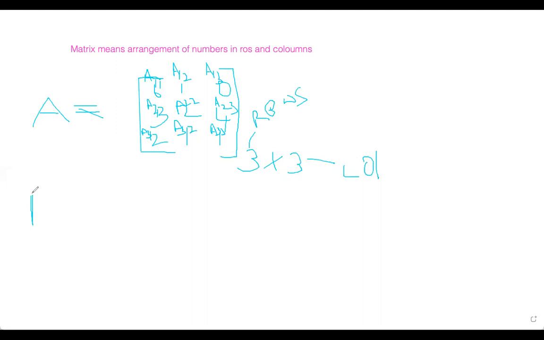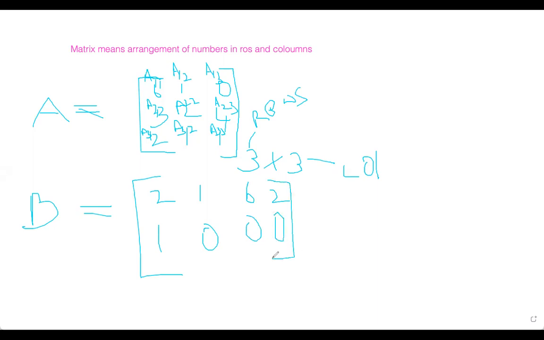So now I'll write B is equal to 2, 1, 6, 2, 1, 0, 0, 0. Okay.